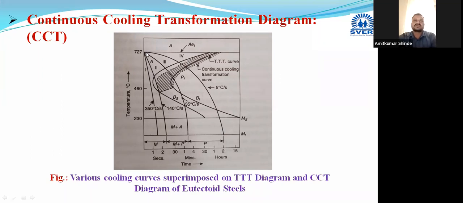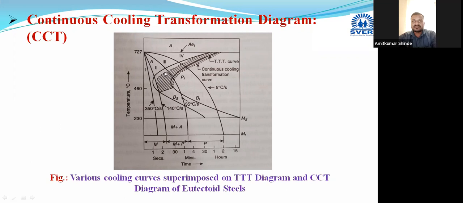This first curve shows the fast, very rapid cooling. With rapid cooling, we end up with a martensite structure at room temperature. As martensite is there, it has very high hardness and high strength.